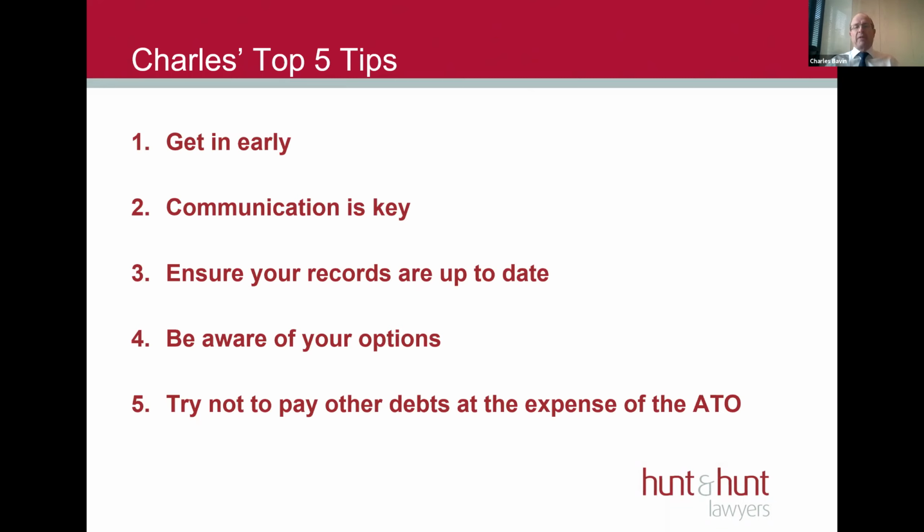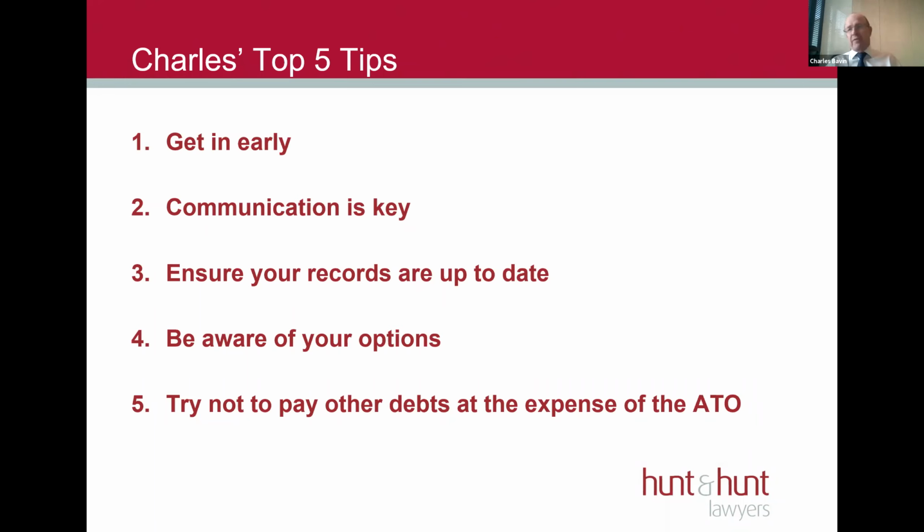In effect, if you're demonstrating that circumstances beyond your control caused you to be late or not to pay your tax debts on time, then give evidence of what those circumstances are. Medical evidence is the one that comes to mind most readily. Give them medical certificates.